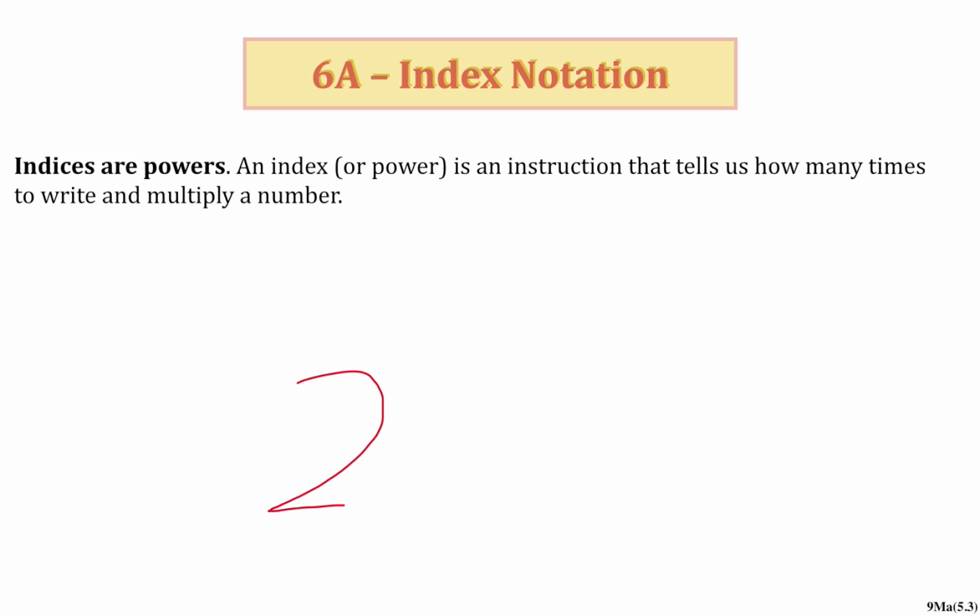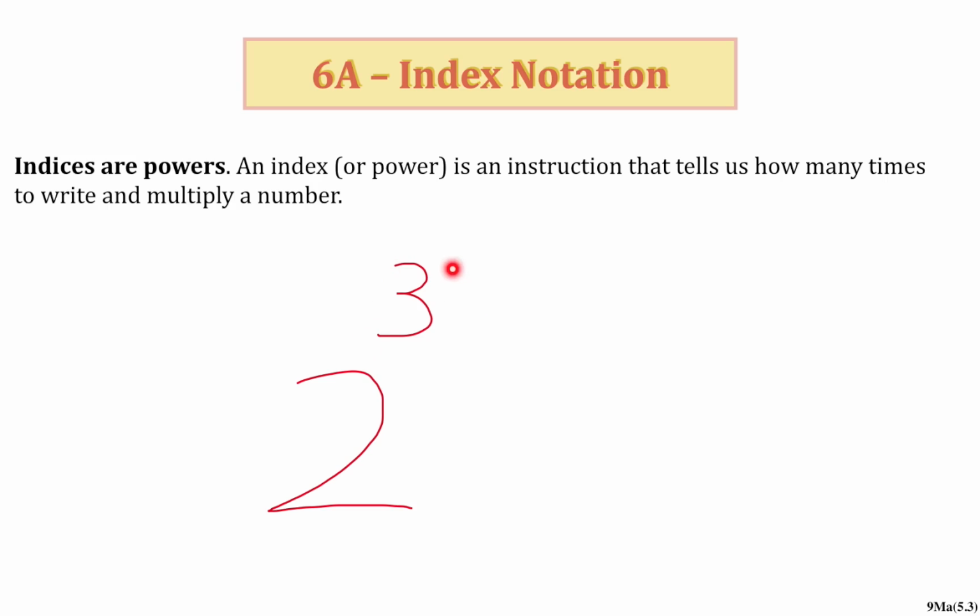If I did 2 cubed, when you look at the number 3 here, that's the power. Sometimes it's called an index, sometimes a power, sometimes an exponent. There's three different words we use for that power.